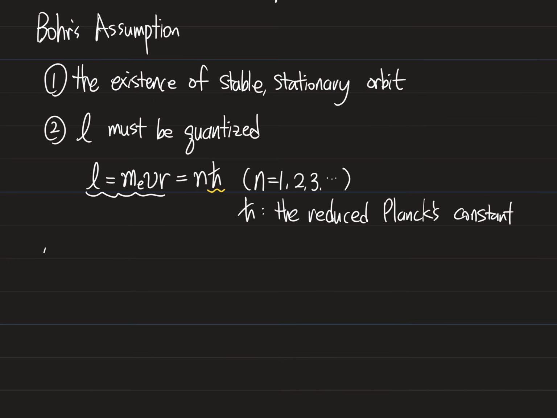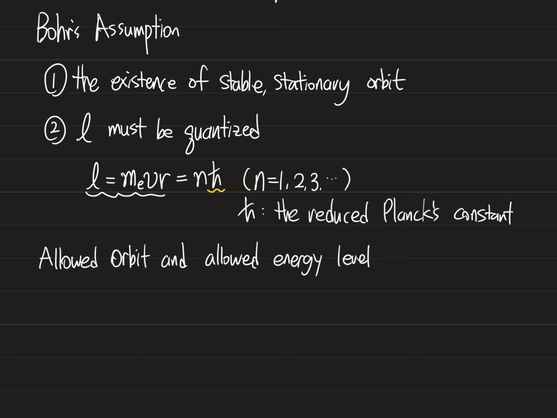So we are taking a look at the allowed orbits and allowed energy levels. With this revolutionary assumption, only orbits of specific allowed radii are possible, and the radii are determined by the integer n.